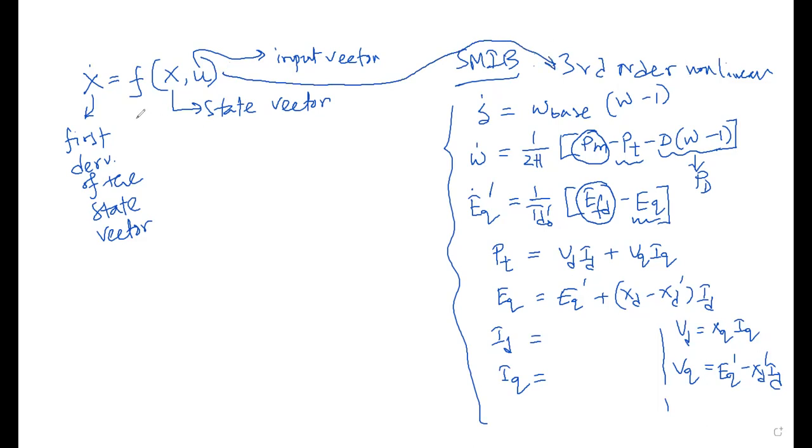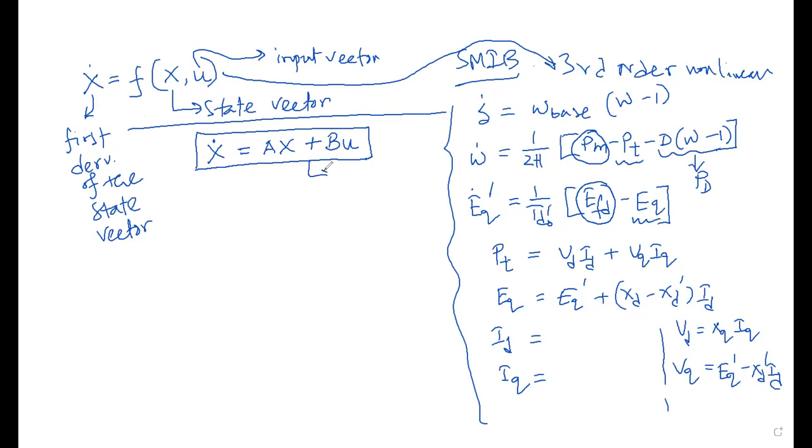So what we do today, we would like to express the same model in terms of some matrices and vectors. So our new model, that is the linearized model, would be of this form. And we will call this the linearized version of the nonlinear model.